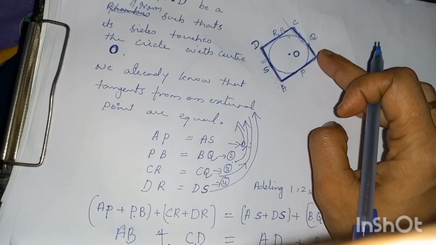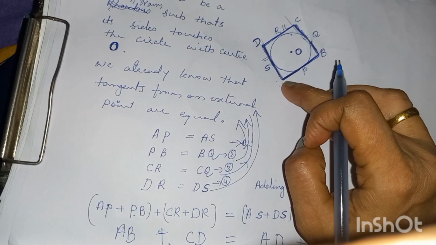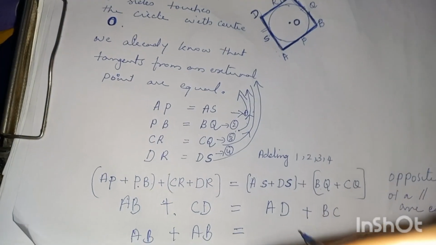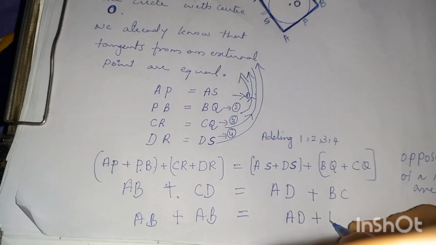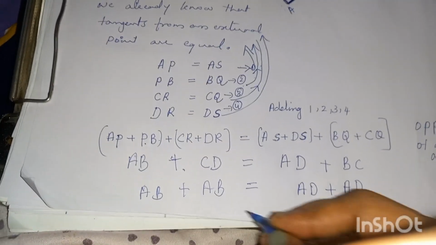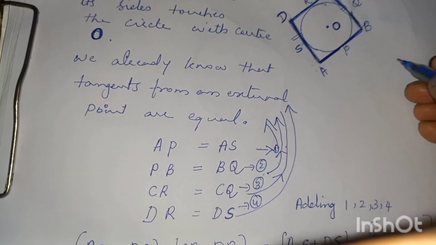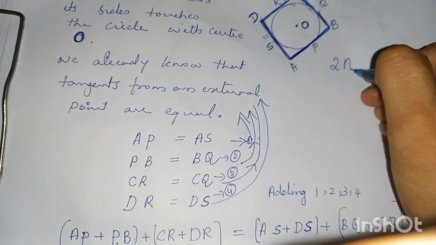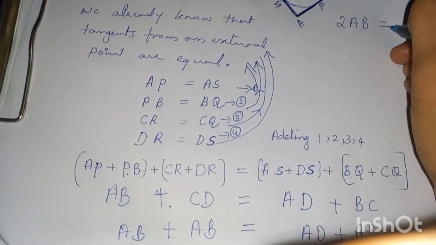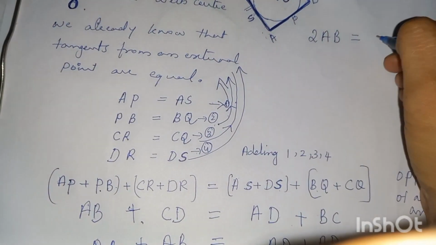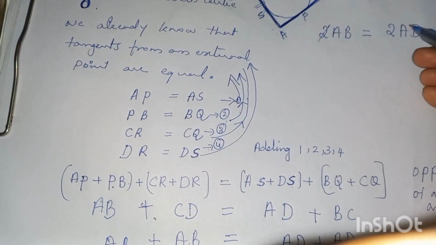Since AB equals CD and AD equals BC, we can write 2AB is equal to 2AD. The 2 will cut off.